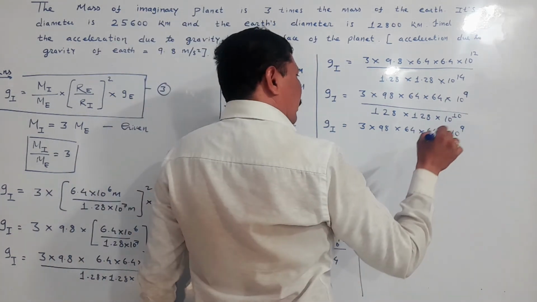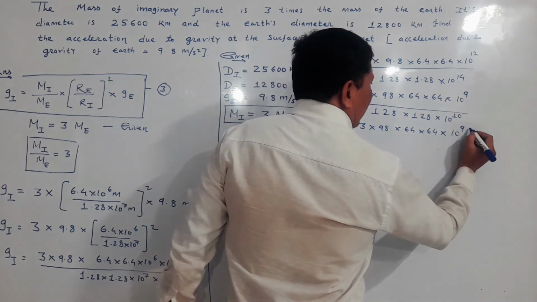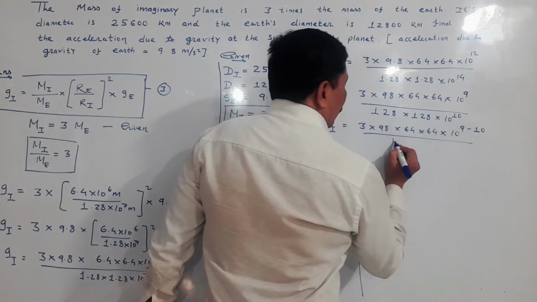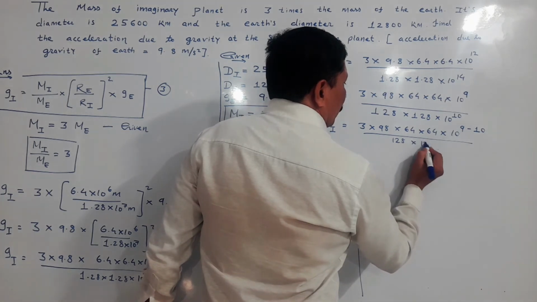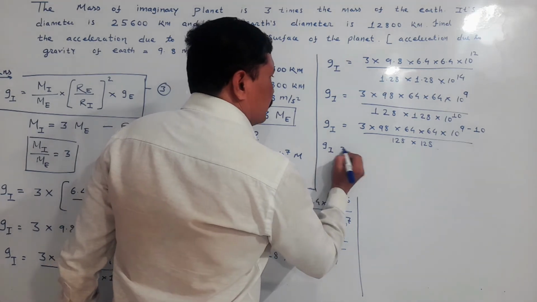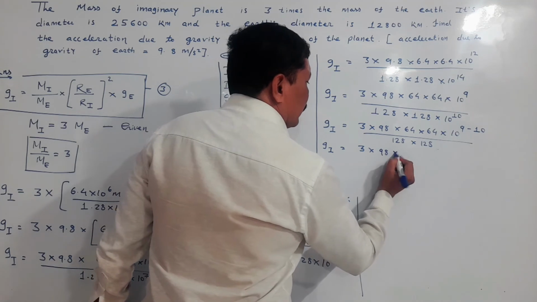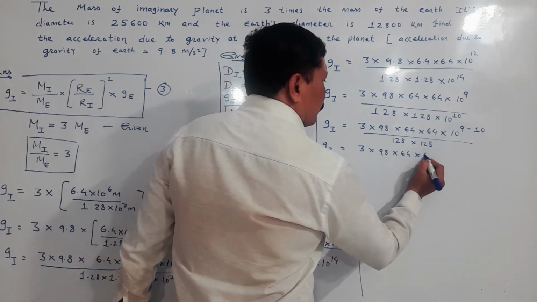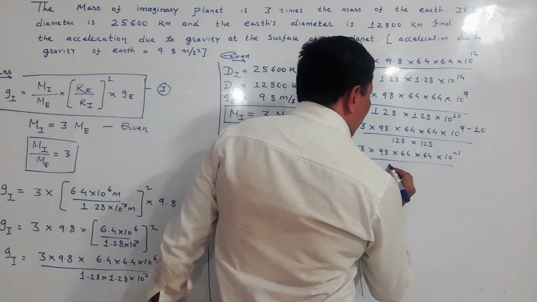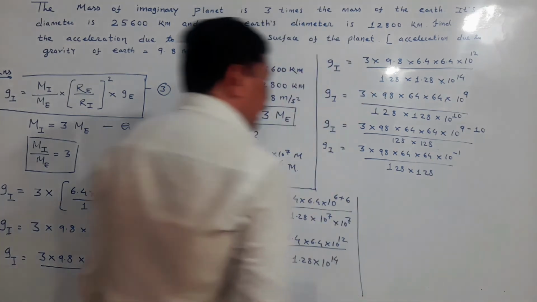So this 10 to the power 10 will go up, and we can write 10 to the power 9 minus 10 upon 128 into 128. Gi is equal to 3 into 98 into 64 into 64 into 10 to the power minus 1 upon 128 into 128 we can write.